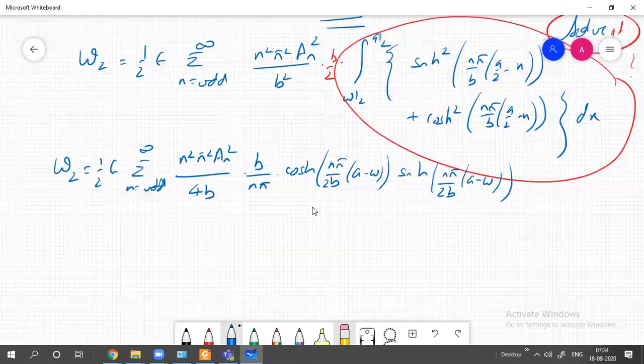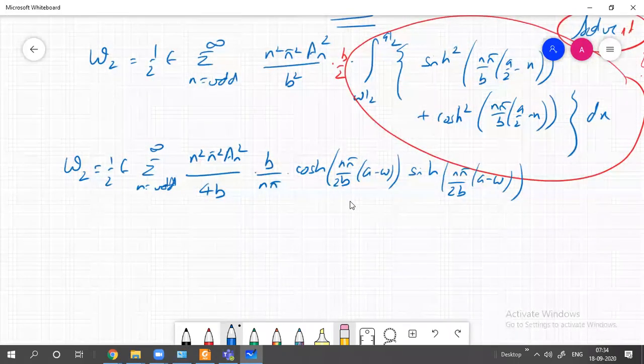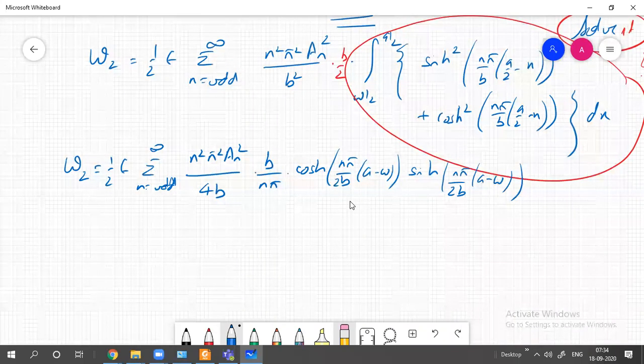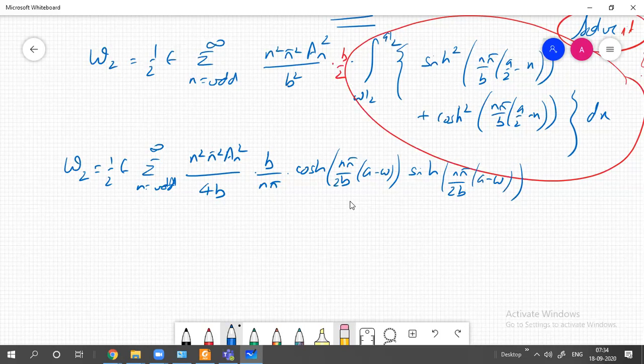Further, if we substitute the value of an, what was our an? An was something with sinh, dependent on b. So substitute the value of an.